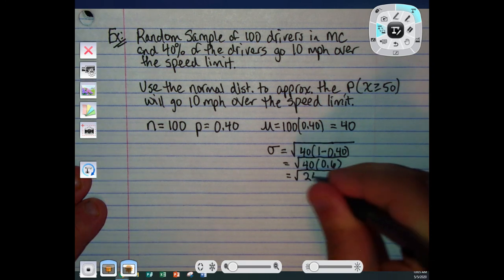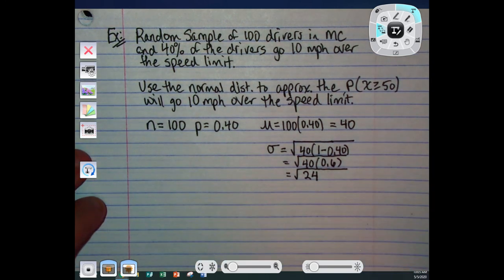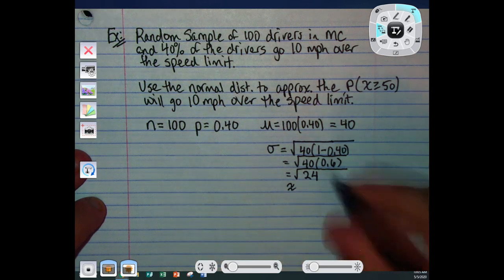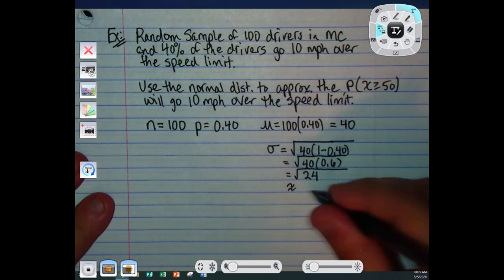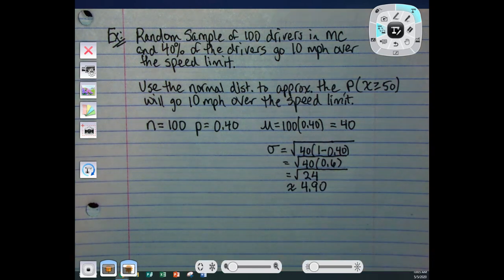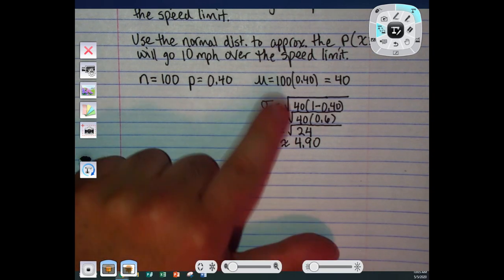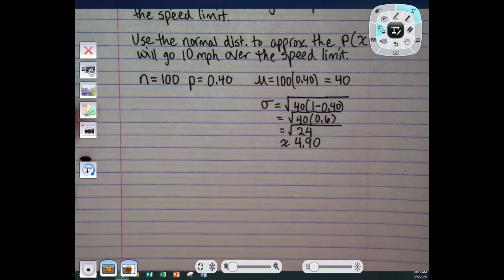That'd be the square root of 24, which is approximately equal to 4.90. So now that we know this, we can use normal approximation.